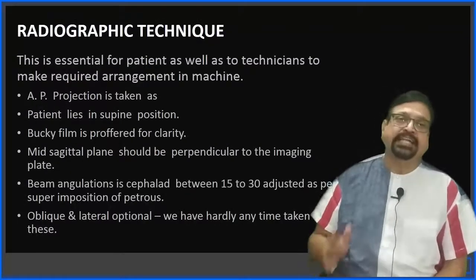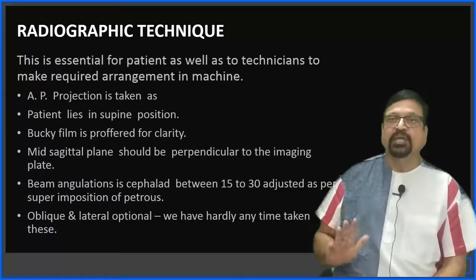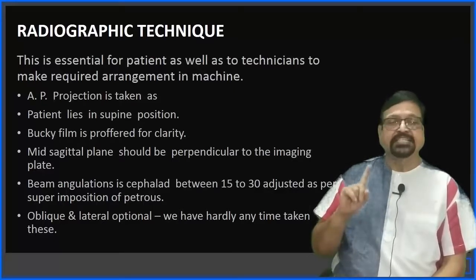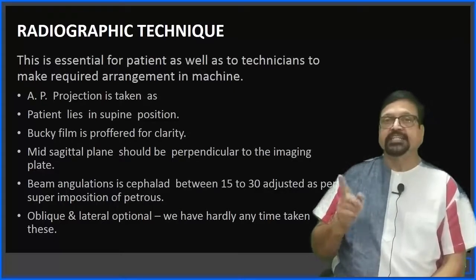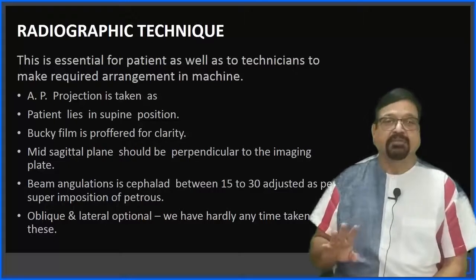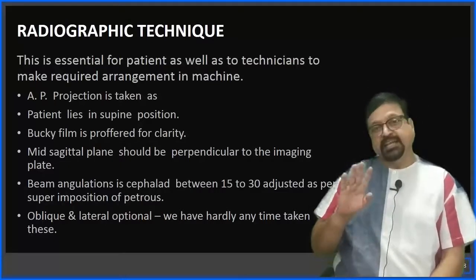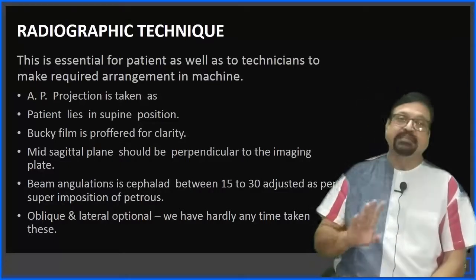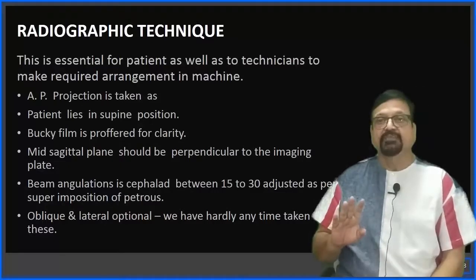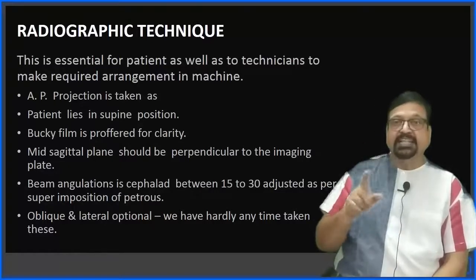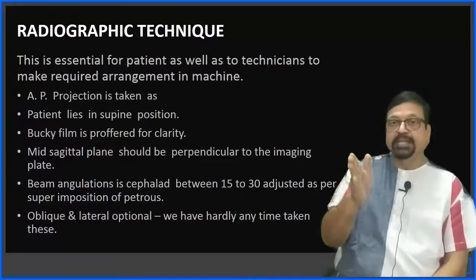Now the radiographic technique which you are using here: one, I told you, is the AP projection taken as a scout film. Patient is in supine position. Other films, we are not taking squat film. But I repeated that different centers can have different methods. Then in this, the mid sagittal plane should be perpendicular to the imaging plate.